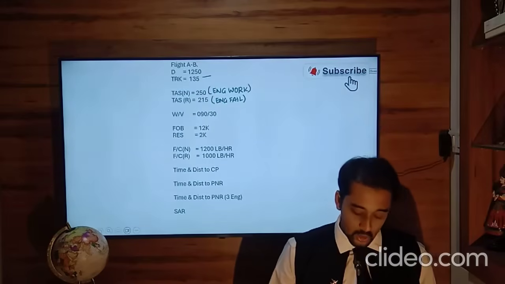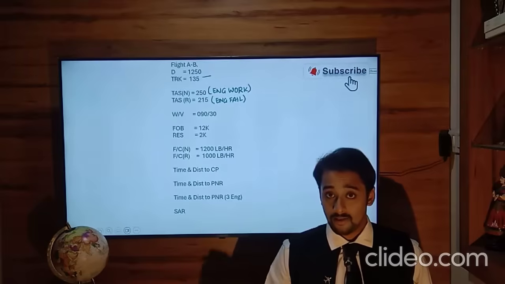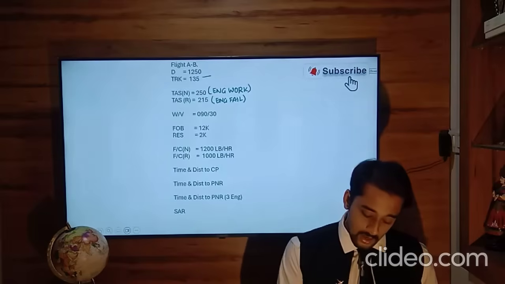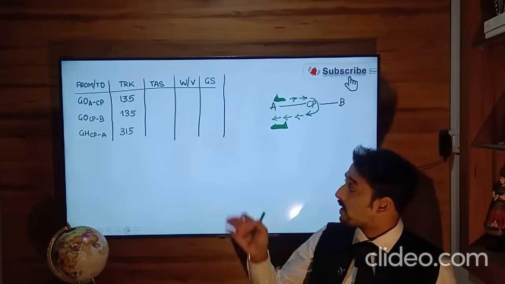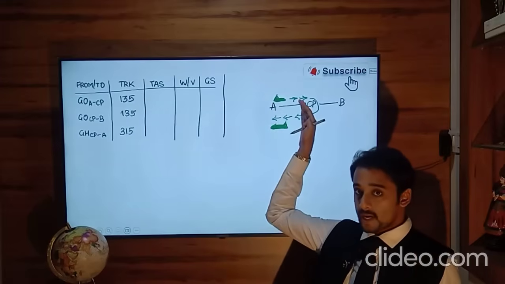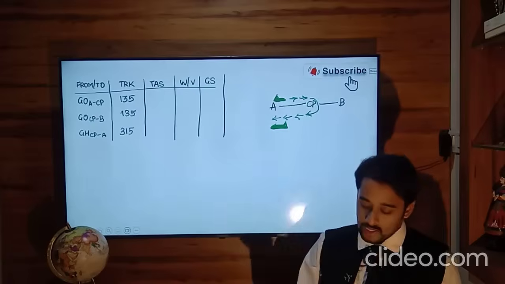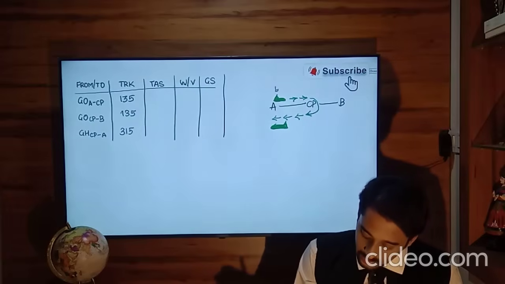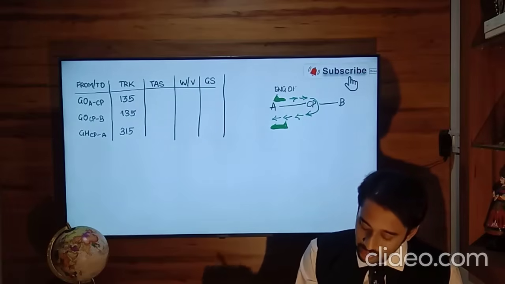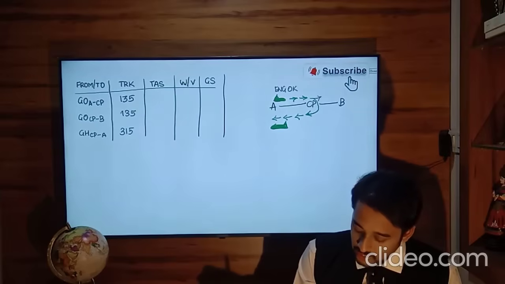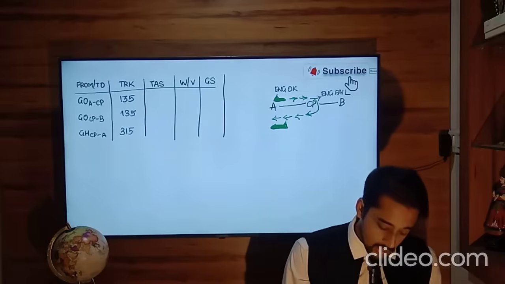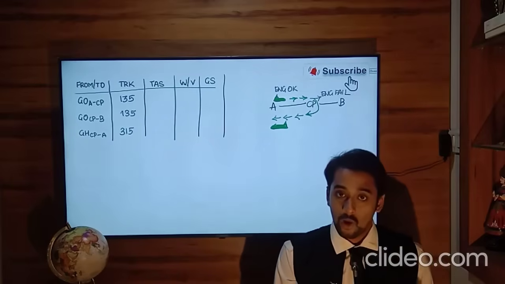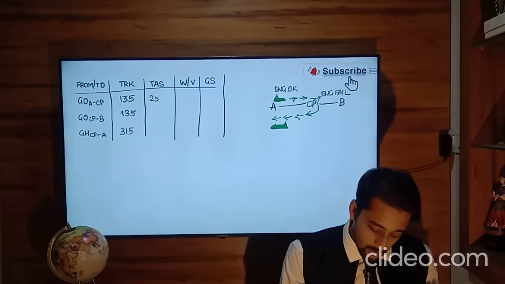True airspeed. Now there are two types of true airspeed given. The first, when all engines are working, is 250. So when you go from A towards critical point, you assume that your engines are working. At critical point, there is an engine failure. So from A to CP, the TAS will be normal TAS, which is 250.